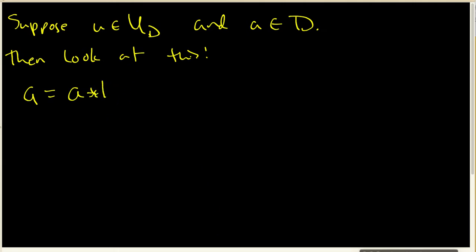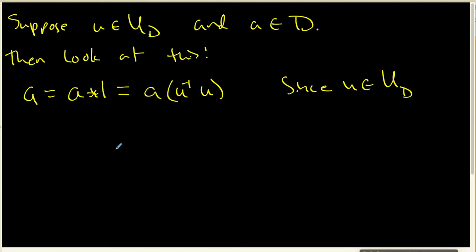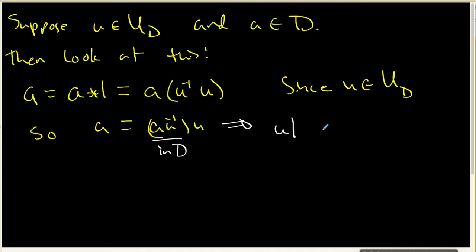And since U is a unit, we can rewrite that 1 as U inverse times U. But now I can reassociate. So I've now got A is equal to A times U inverse times U, and this element is inside my domain D, and so that last statement says U divides A.